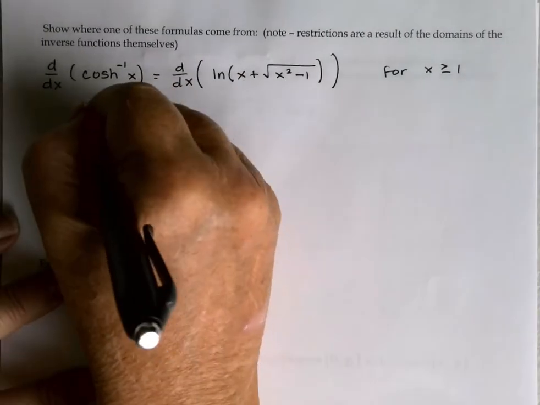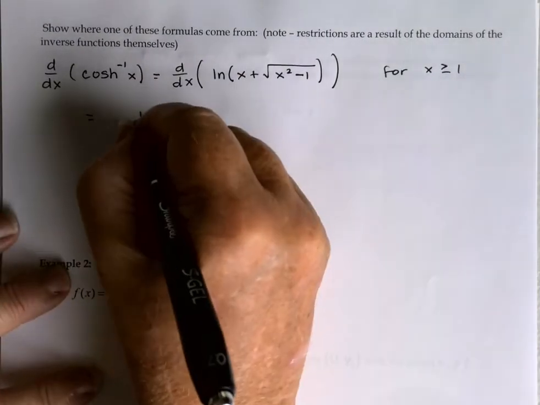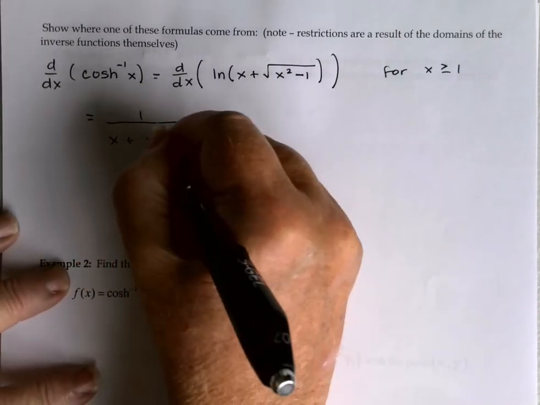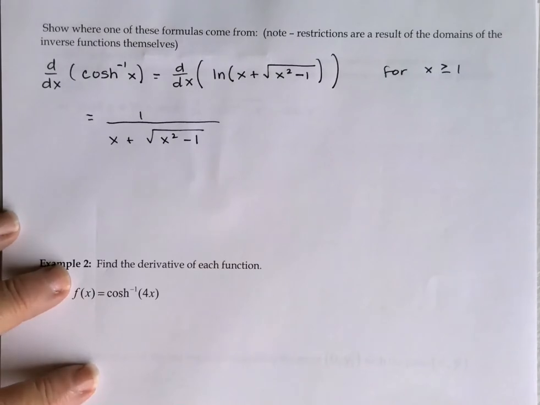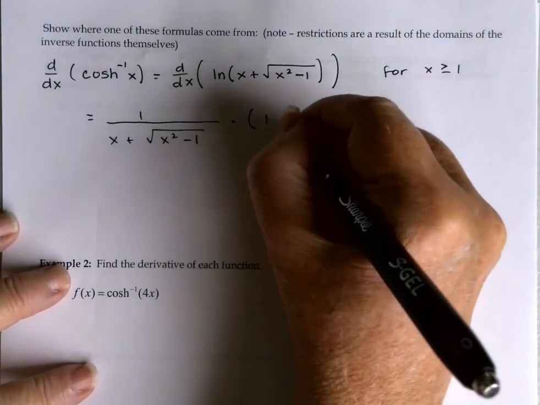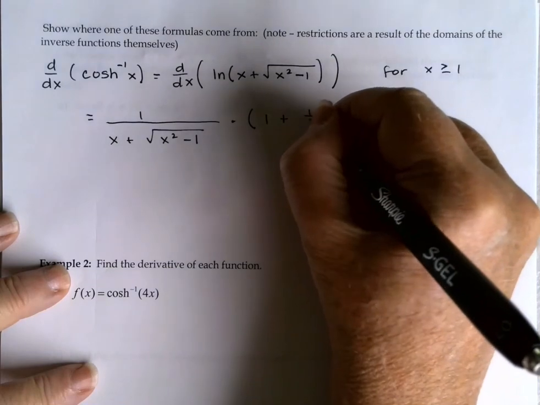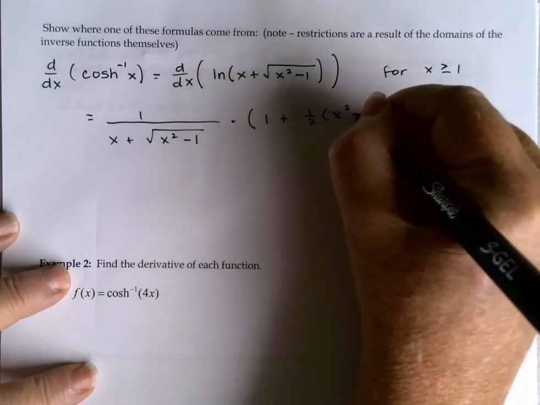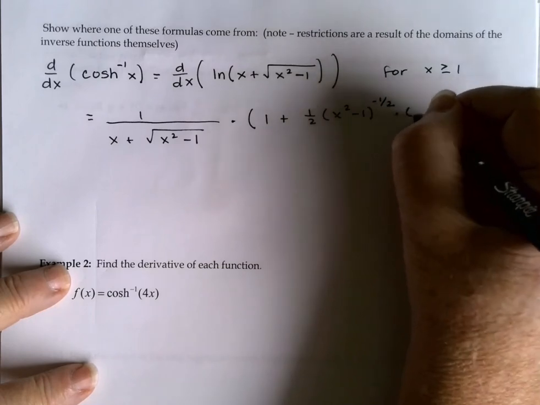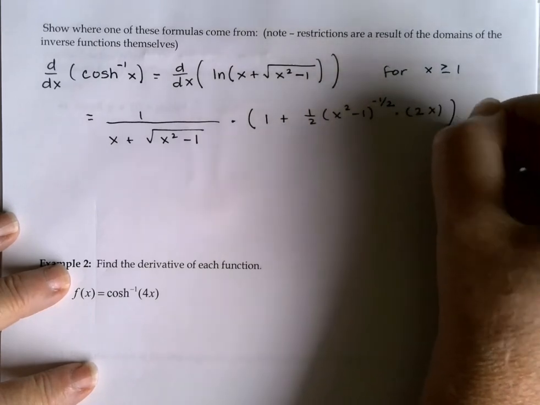We can do that derivative. It would be 1 over x plus the square root of x squared minus 1, times, chain rule here, 1 plus 1/2 times x squared minus 1 to the negative 1/2, times 2x for the chain rule there.